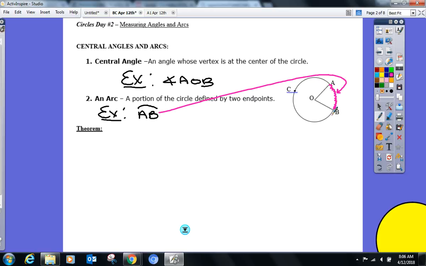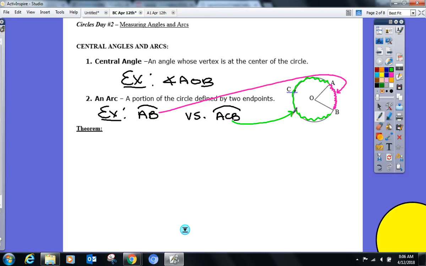ACB. You can name it with more than two letters. That's fine. So arc ACB would be referring to this green one right here. So when you see the name of an arc, you go from one letter right to the next one, no points in between, no stops in between.